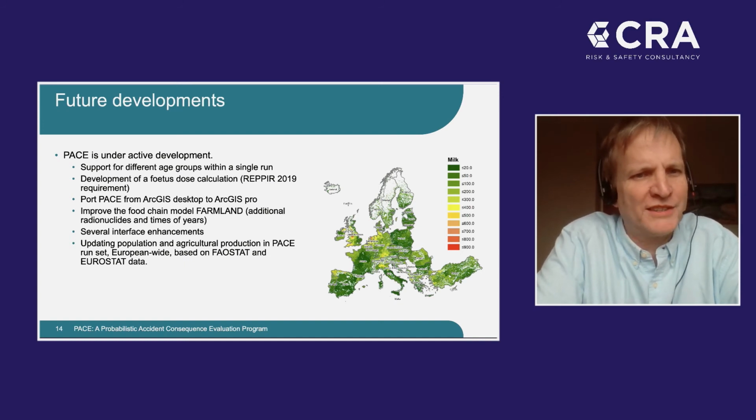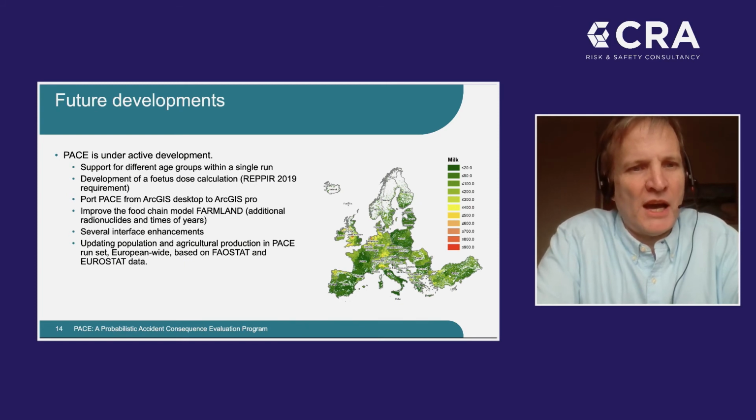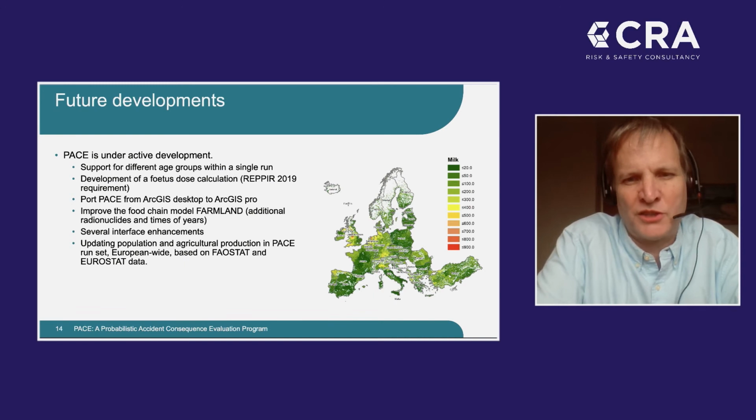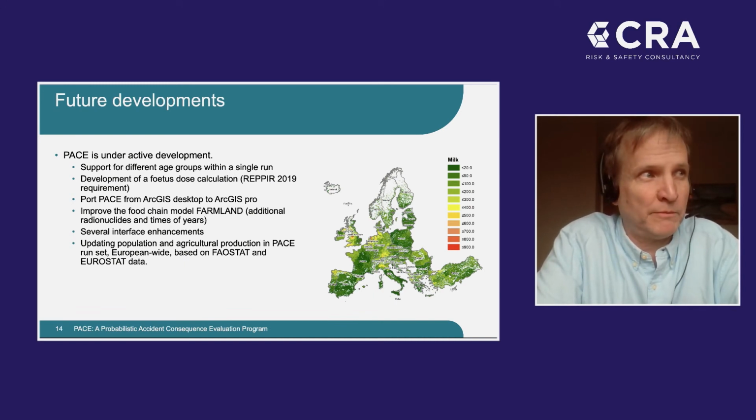I've got to port PACE from ArcGIS Desktop to ArcGIS Pro. That's just one of the disadvantages of having PACE embedded within a broader system. We're looking at improving the food chain modeling as well. I think that's something that needs doing. And there are going to be several interfacing enhancements, in particular helping people develop the grid.